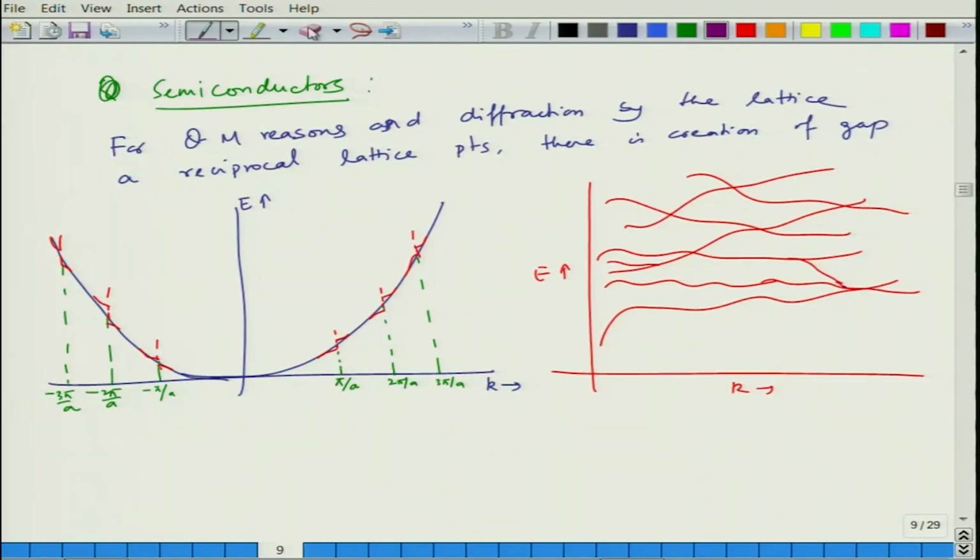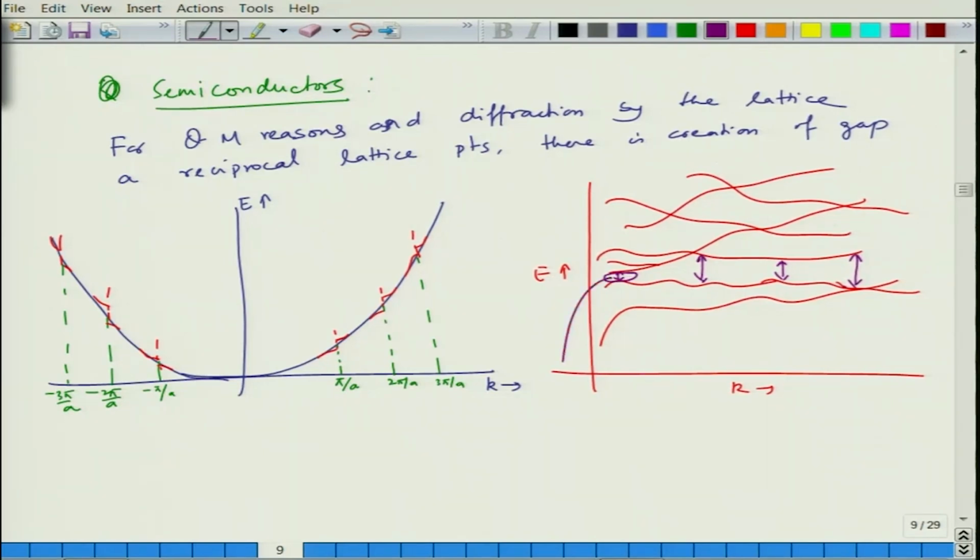Now, supposing instead of this there was a clear gap. You can see that there is a gap like this. There are gaps here, here and here. Whatever the minimum gap is, this is the minimum gap, between the maxima and minima of the lower and upper parts.